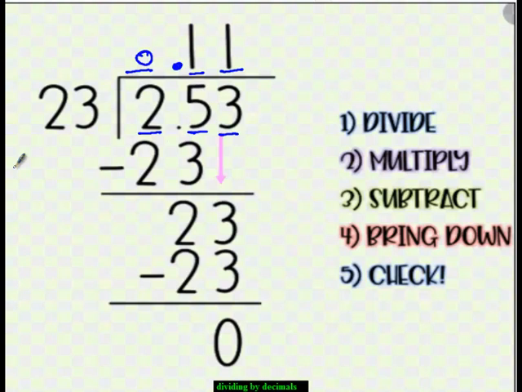Of course, 25 has only 1 of 23. So I'm going to choose 1 multiply 23. It will be 23, and then subtract, 25 minus 23. The answer will be 2. And then I'm going to drop down the 3. 23 divided by 23, 1, and here 1, 0. Happy face.